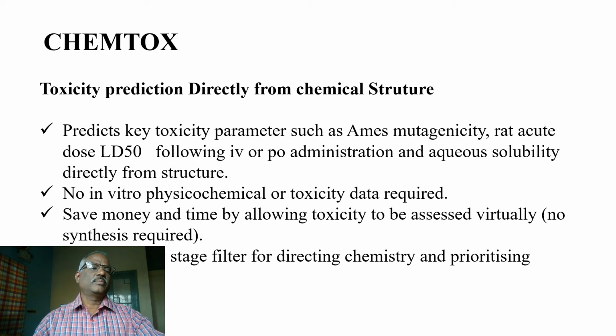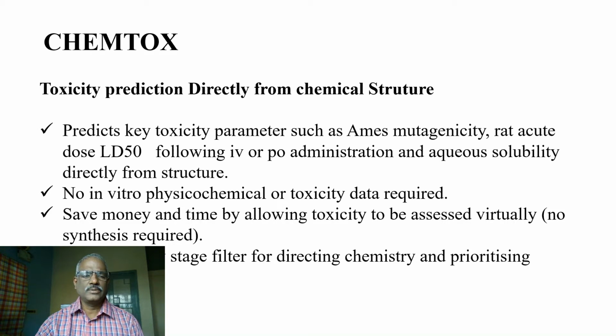The next software which I'm going to discuss is ChemTunes. This is another software where toxicity can be predicted directly from the chemical structure. By using this software, we can do Ames mutagenicity, and we can determine the LD50 values in rats following either intravenous or per oral administration, and aqueous solubility, directly from the structure.